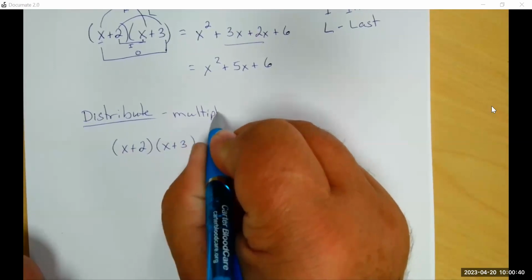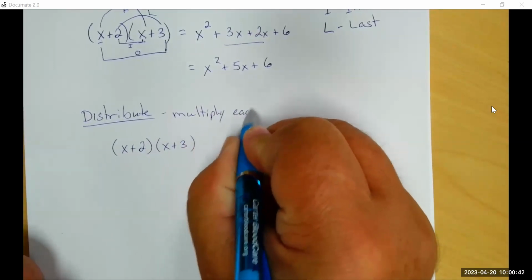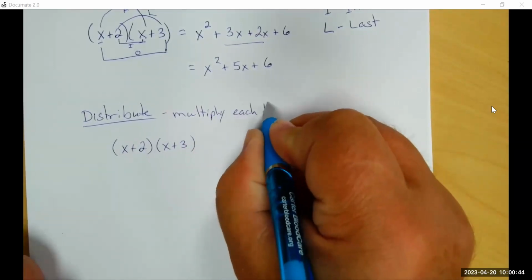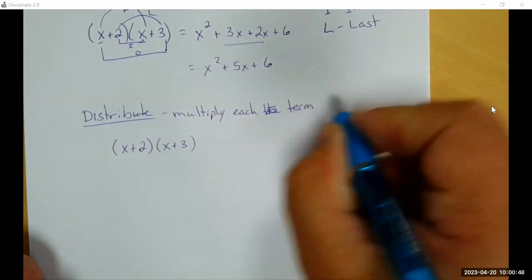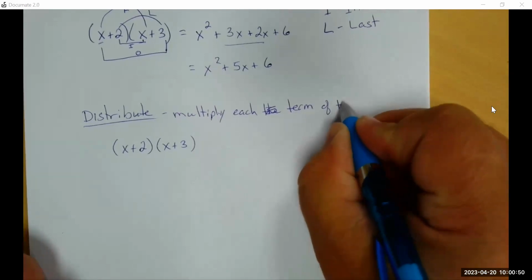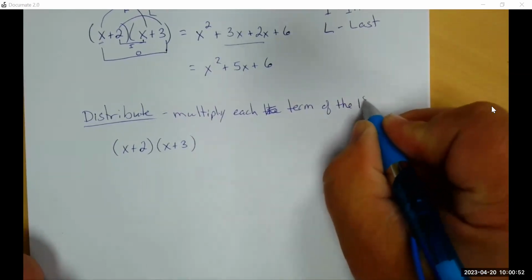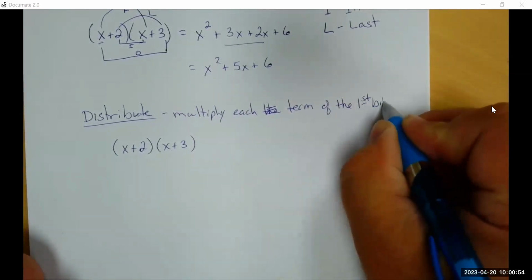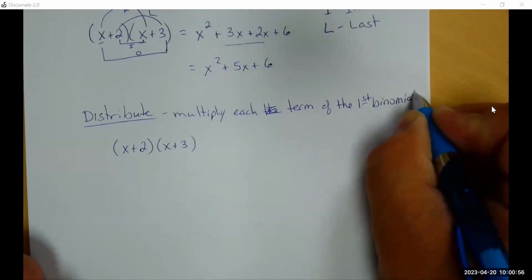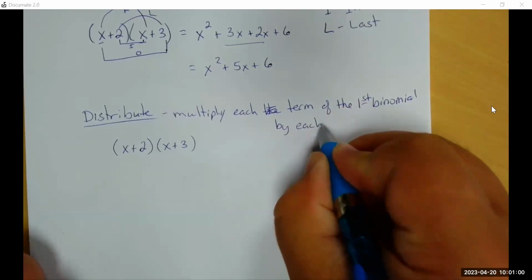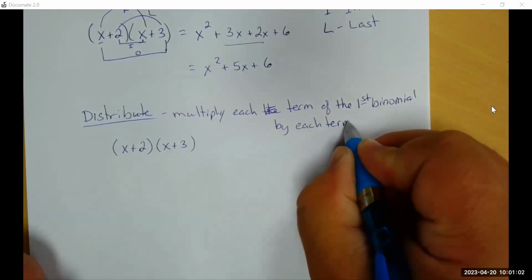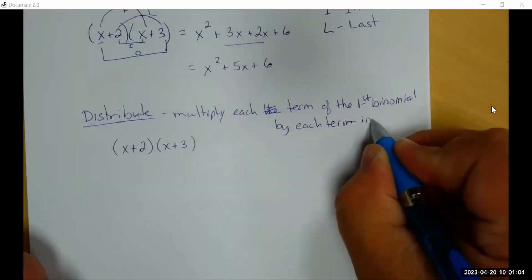Multiply each term of the first binomial by each term in the second.